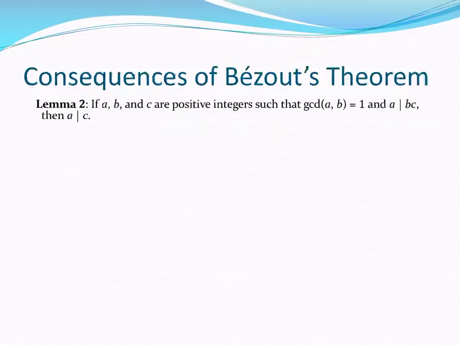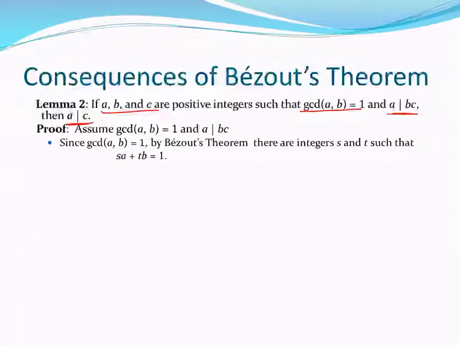Consequences. Lemma 2 is if I've got a, b, and c positive integers such that the greatest common divisor of a and b is 1, and I know that a divides b times c, then I can conclude that a divides c. Here's the proof. So assume the greatest common divisor of a and b is 1, a divides b times c.